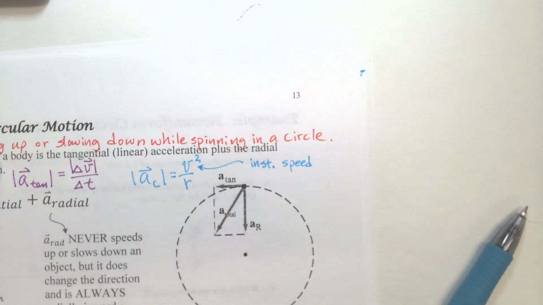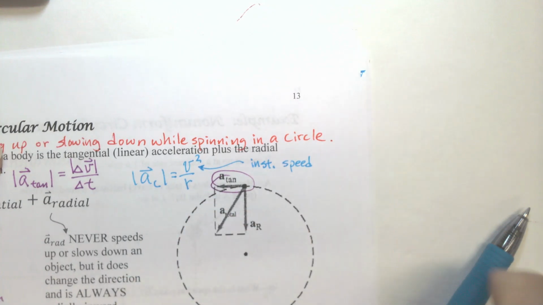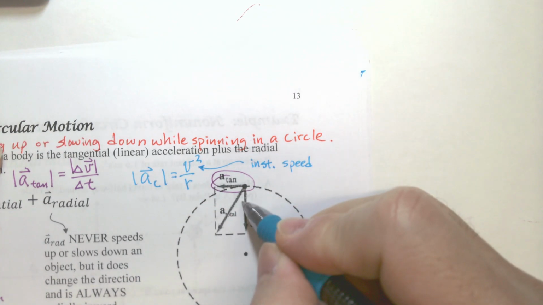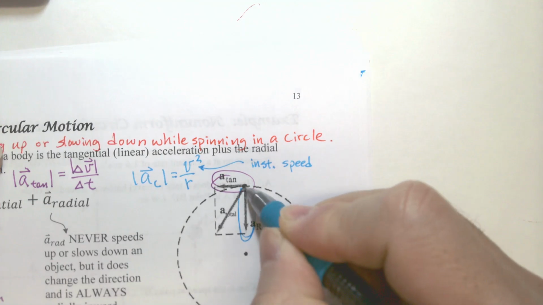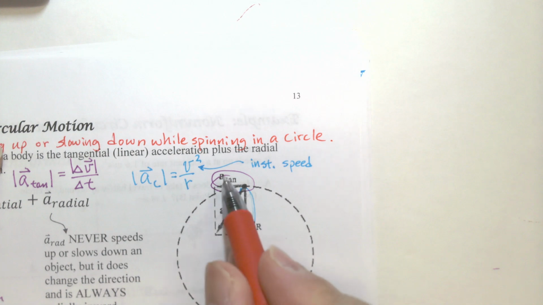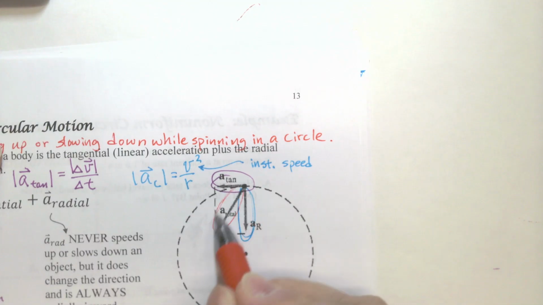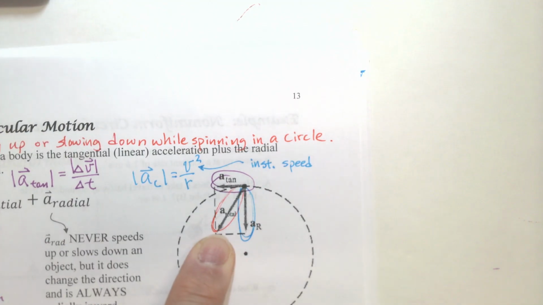So here is your a tangential, which is going to be tangent to our trajectory, and here's your a radial, which is a sub c. And when I add these two acceleration vectors, I get my resultant, a total.